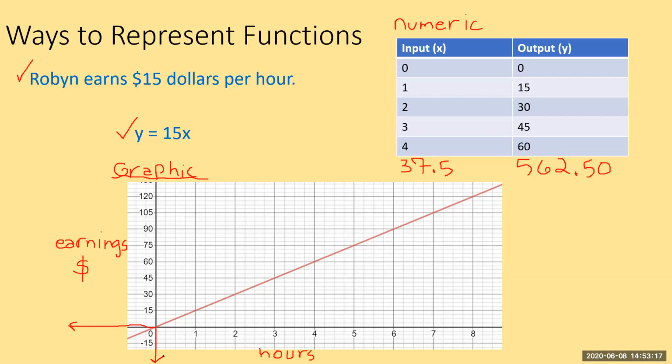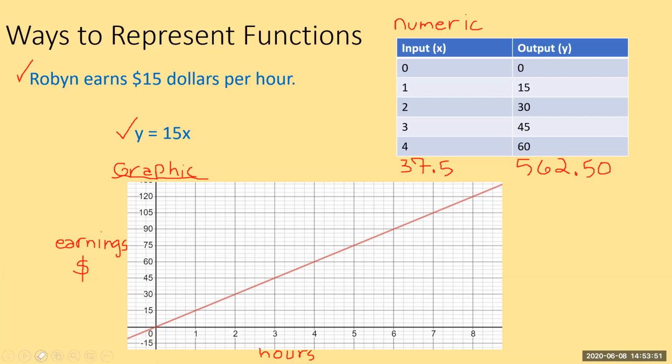I cropped those away because for this particular situation, negative numbers don't really make sense, right? It's not possible for Robin to put negative hours into her job. She might put 0 hours, but she can't put -2 hours of work in. And then same thing for money. She's not going to be getting negative money for her job. The lowest amount of money she could possibly get is 0. So I just cropped those out of this picture here because they're not relevant for this problem.